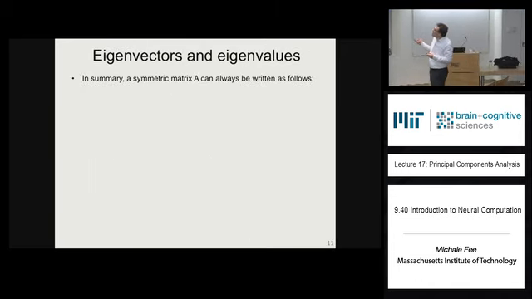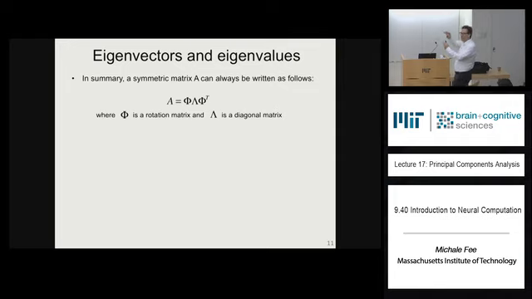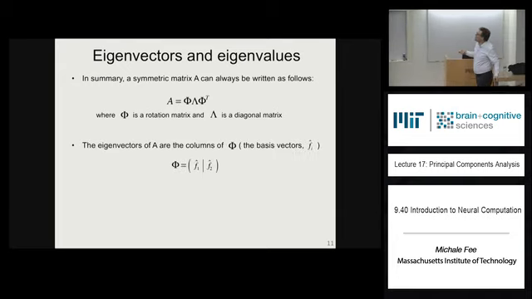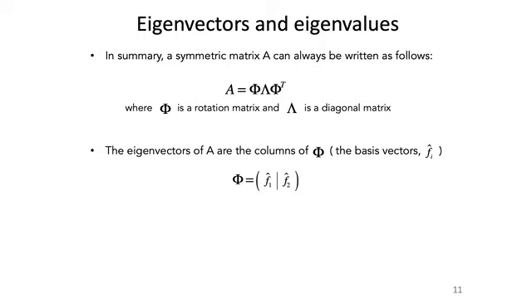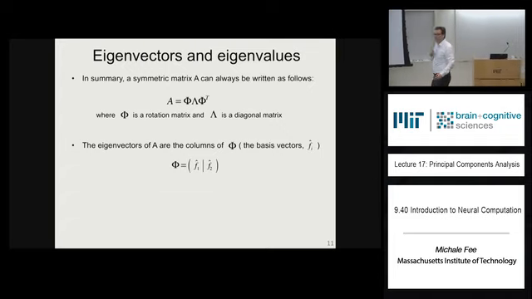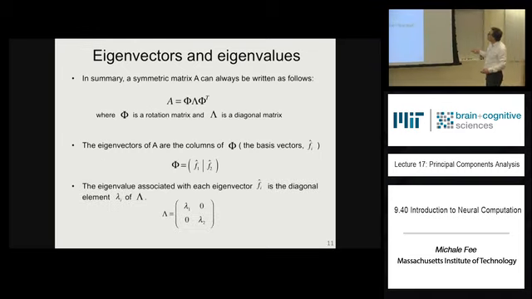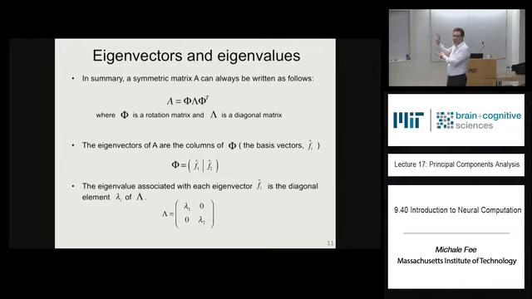Okay, so let me summarize. A symmetric matrix can always be written like this, where phi is a rotation matrix and lambda is a diagonal matrix that tells you how much the different axes are stretched. The eigenvectors of this matrix A are the columns of phi. They are the new basis vectors in this rotated basis set. Remember, we can write this rotation matrix as a set of basis vectors as the columns.